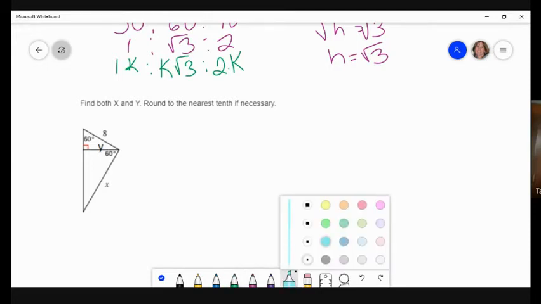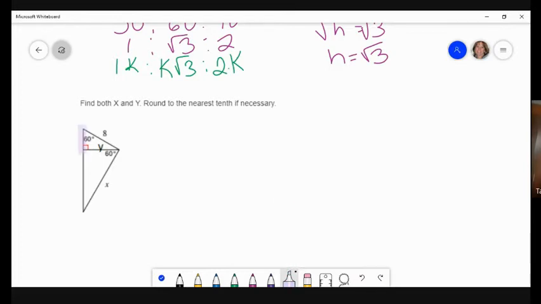Let me change my colors here. So we have this top one, and we'll just draw him out. That's 60, and that's 8, and we need y. So there's my y. We'll come back to find x in just a moment, because y is just going to be y. Basically all I did was take my little triangle and move it over there, just to unclutter the field.